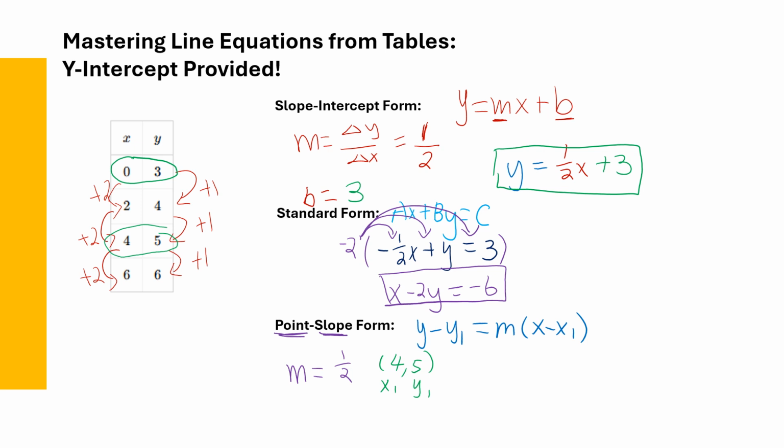So I have y minus y1, which is 5, equals the slope, which we know is 1/2, times x minus x1, which is 4. And this is my point-slope form.